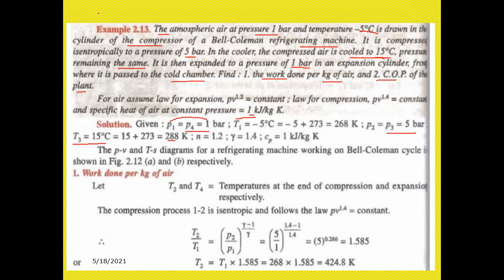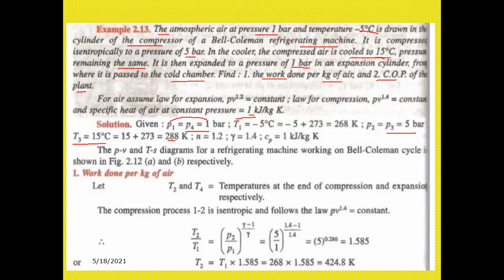So out of 8 marks, even if your answer is wrong, if your procedure and formulas are correct, easily you can score 6 marks out of 8. So that's why given data, minimum formula, and minimum simplification is a must. Even though you don't know how to solve the problem, write something related to the question.